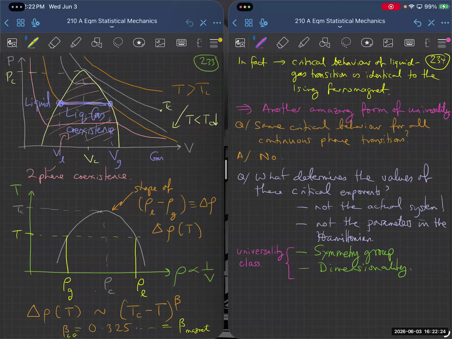So then you might say, well, okay, suppose I believe that. Why a liquid? What is the same symmetry shared by fluids and magnets?